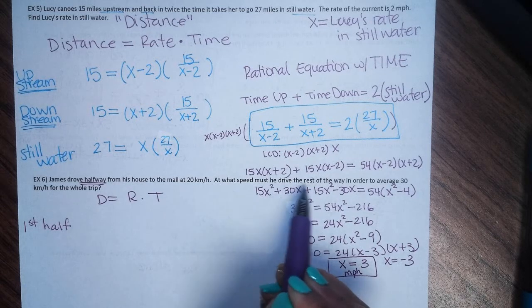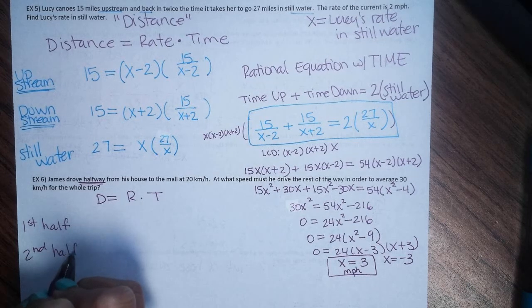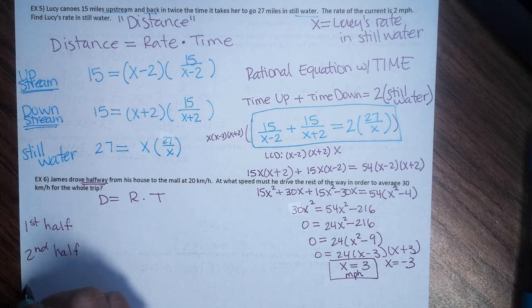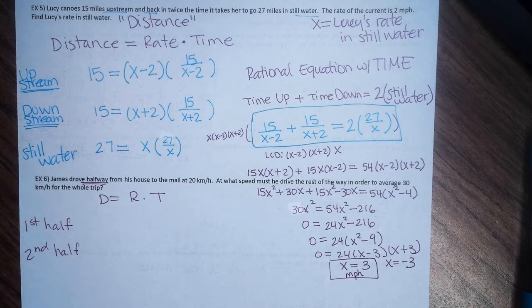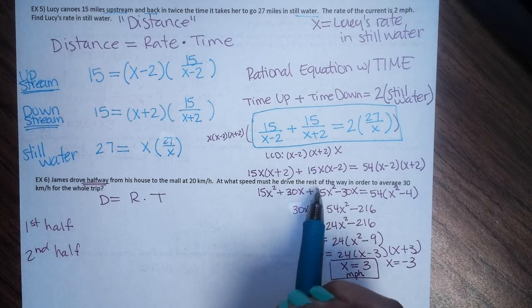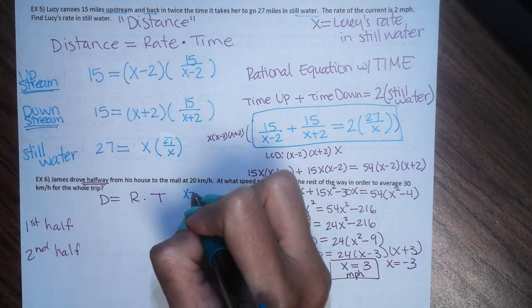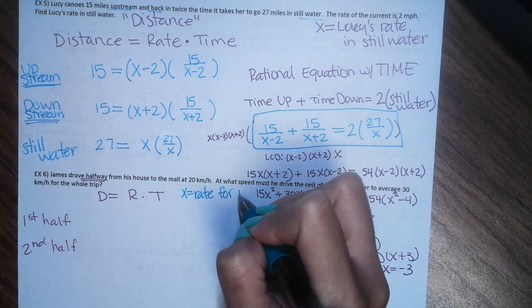Then you're going to be looking for the second half of the trip. And then we're also going to have the total part. Well, let's just start with this. So here it goes. What is x? At what speed must he drive the rest, so the second half of the way, in order to average the speed? So x equals the rate for the second half.